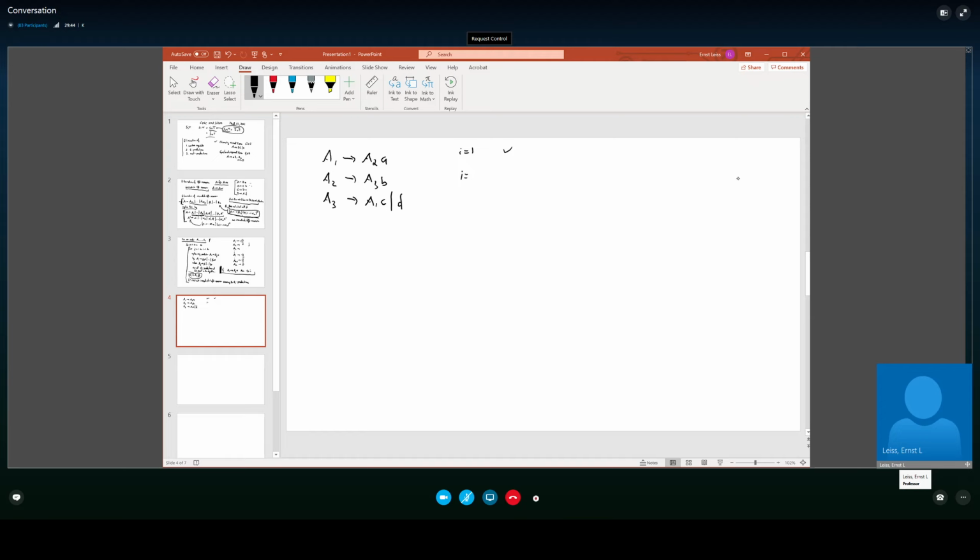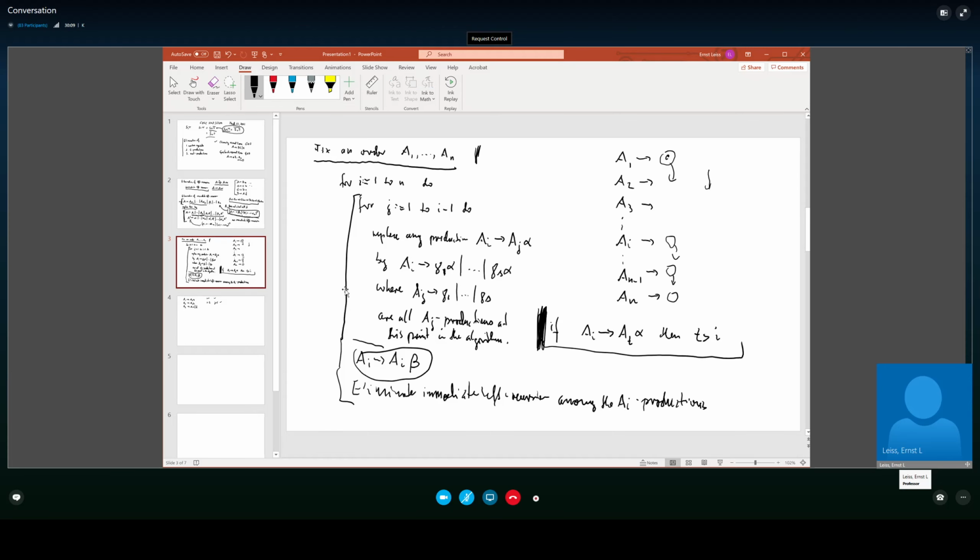Then we take i equal to 2. That's the next case. And in this case, we are having a value for j. j is equal to 1. So we're looking for A2 goes to A1, followed by something. Well, there is nothing of that nature. And so we're done with the j loop.